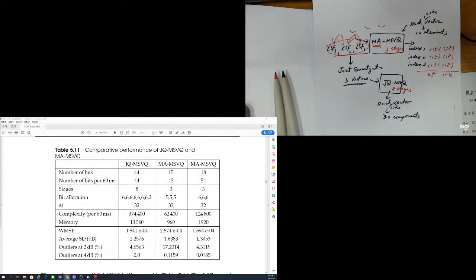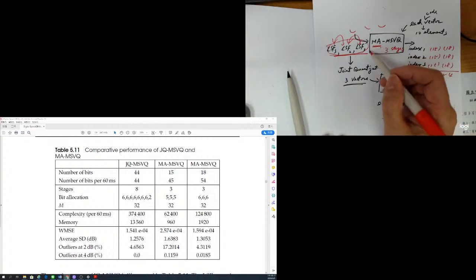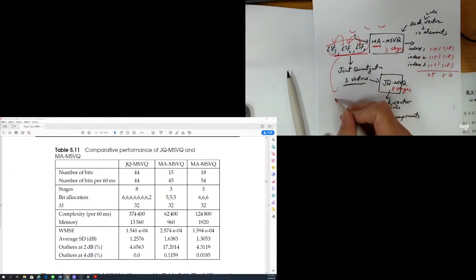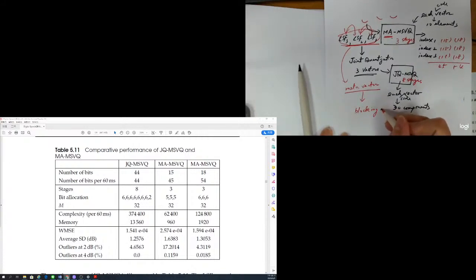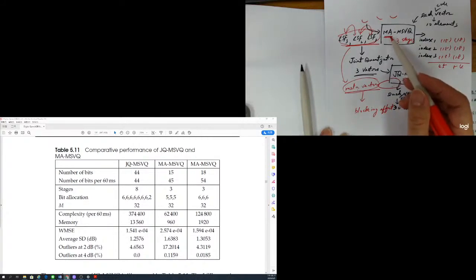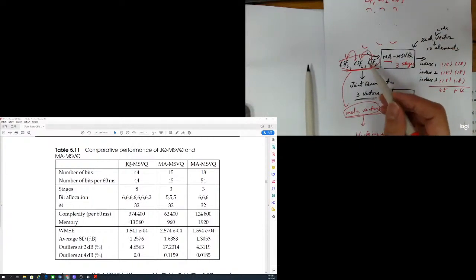In joint quantization, vectors are quantized combined together, so the blocking effect only occurs between meta vectors, but in traditional moving average multiple stage, there is blocking effect between neighboring line spectrum pair vectors.